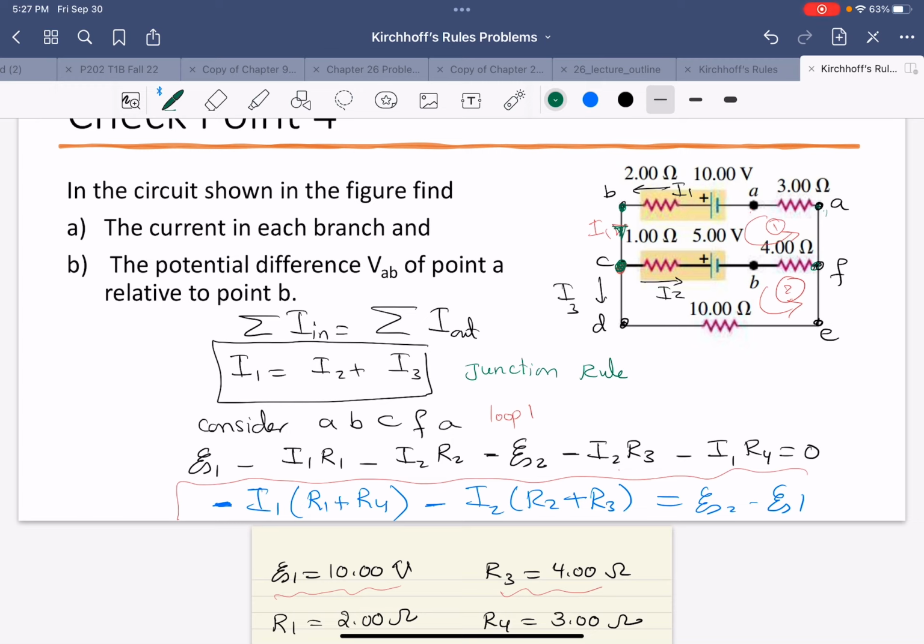Then for R1, which is this one here, negative I1 R1. Then going in this direction for R2, with the current, which is I2, then negative I2 R2.